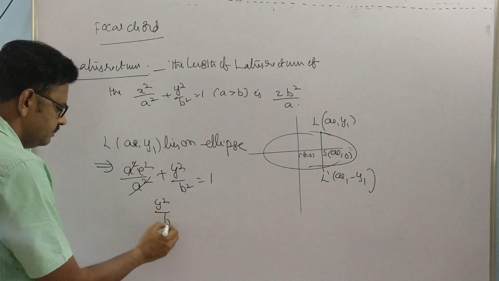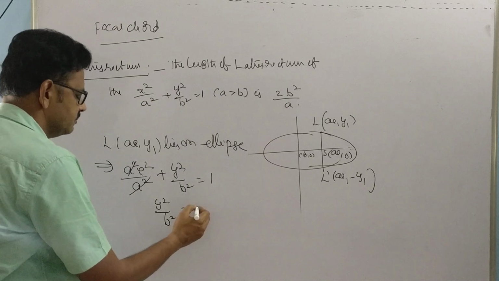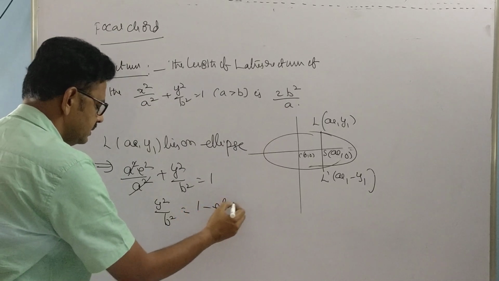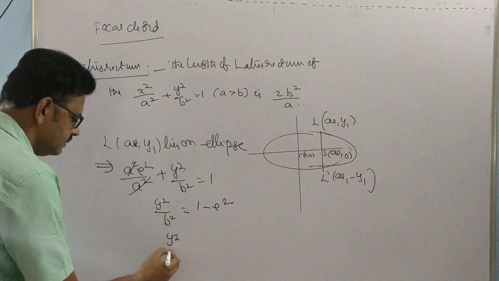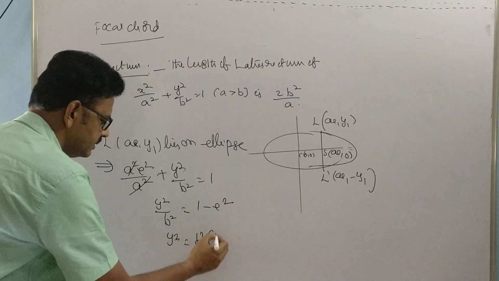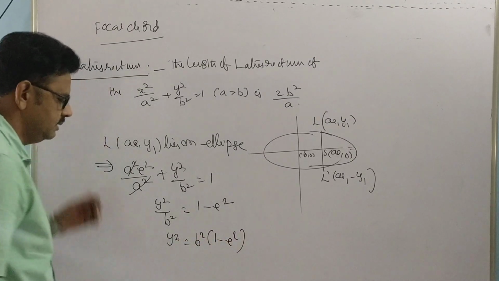Y square by b square equal to 1 minus e square. Therefore, y square is equal to b square into 1 minus e square.